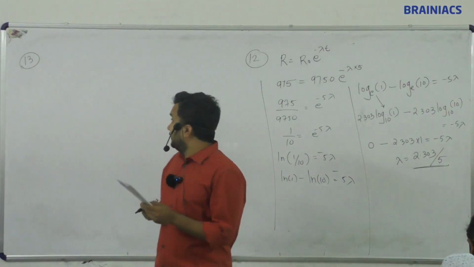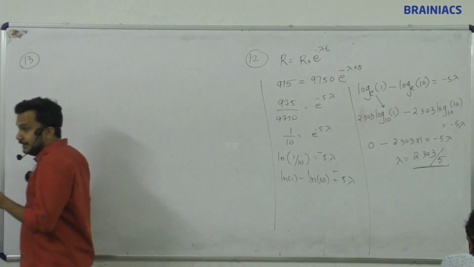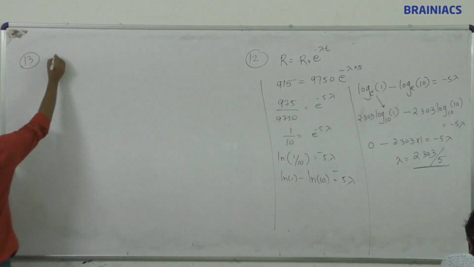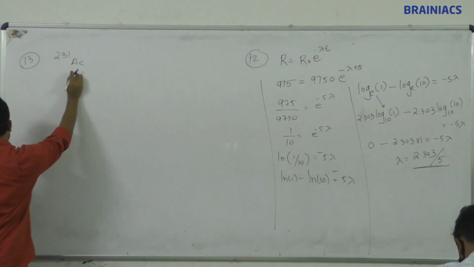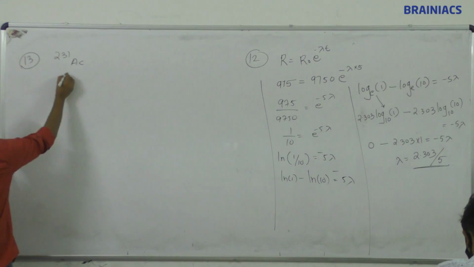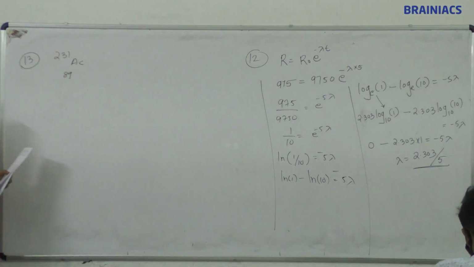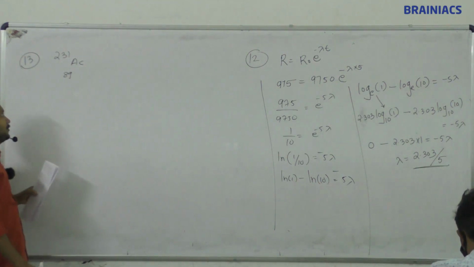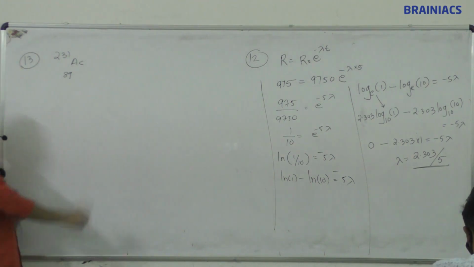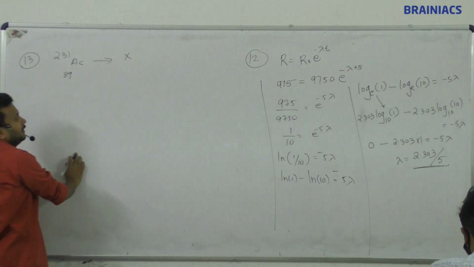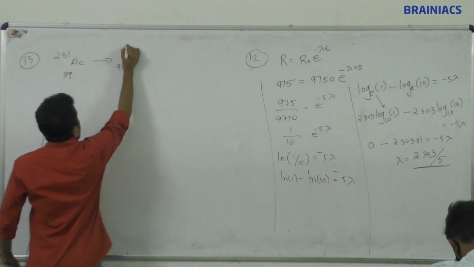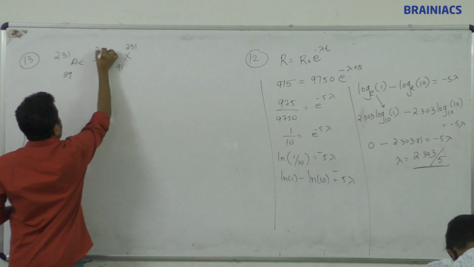Okay, so let's go to 13th. Actinium 231, which means 231 actinium AC with atomic number 89. It emits successive 2 beta particles, 4 alpha particles, 1 beta, 1 alpha plus several gamma rays. What is the result of isotope? If emitting 2 beta, it becomes an element X having 91 and 231.